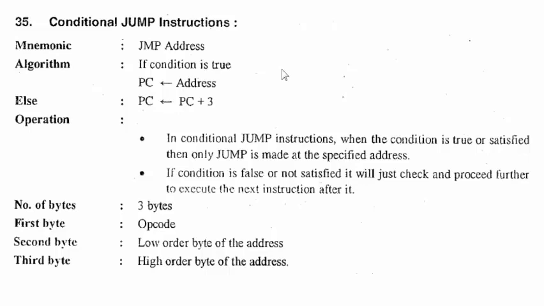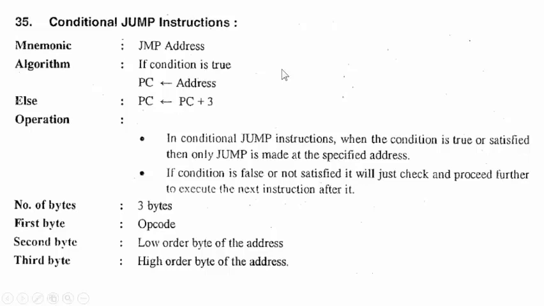The next category of jump instruction is the conditional jump instructions. In a conditional jump instruction, the microprocessor will check the status of the flag bits, that is sign flag, zero flag, auxiliary carry flag, parity flag. Then depending on the bits available, it will decide whether or not to change the program sequence.